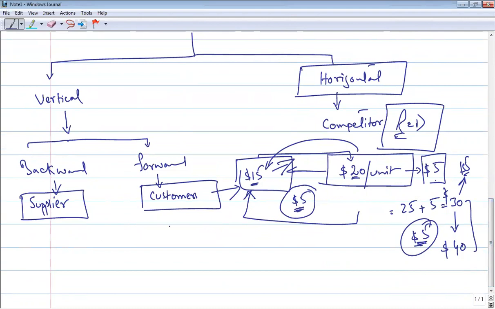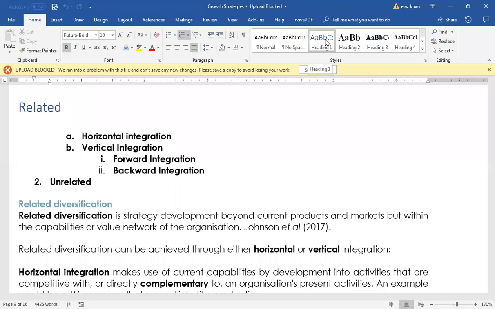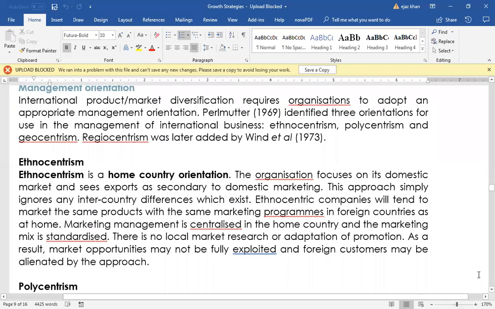So these acquisitions should be made after thorough analysis, and the company has to look at all the aspects before it can actually go and acquire any company. So let's move forward.